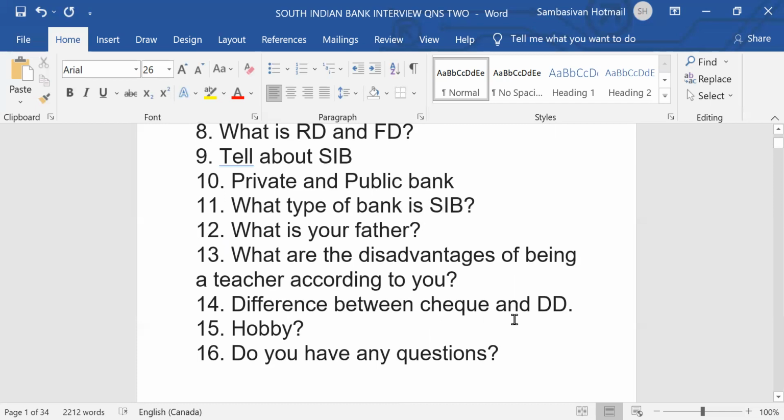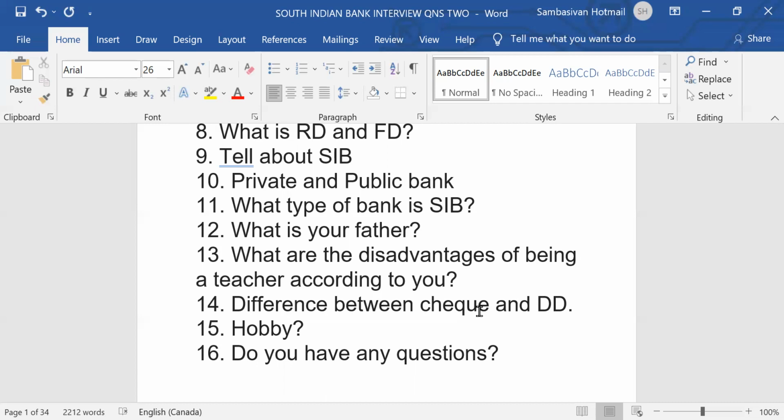Difference between a check and a DD, a demand draft. A check is drawn by a customer on his bank account. A demand draft is issued by a bank on another branch of the bank for the monies remitted by the customer. A check can be made bearer or order. A DD cannot be made bearer; it is made only order.